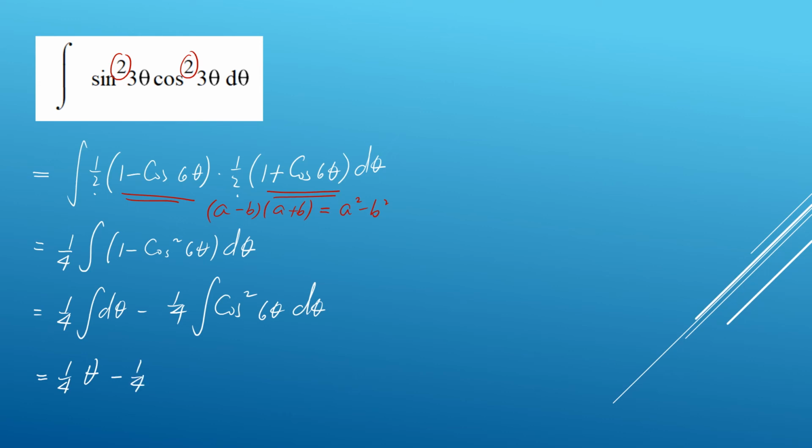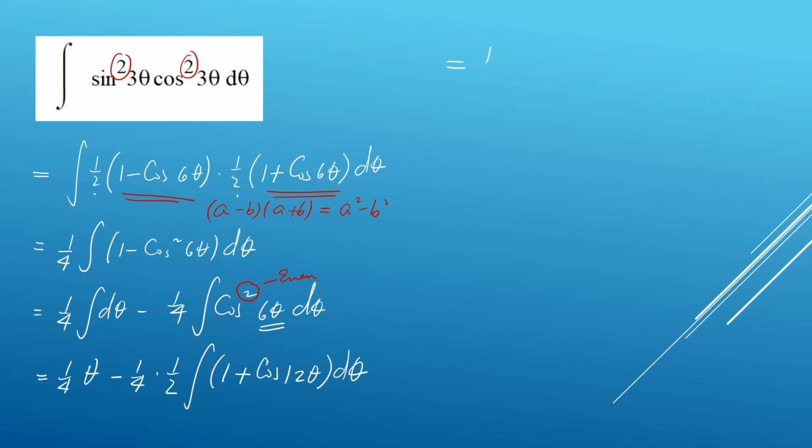We see cosine raised to the power of 2, which is even. So it falls under case 2. And for case 2, we apply the identity for cosine squared, which is 1/2 of 1 plus cosine of twice the angle, that is 12 theta d theta.